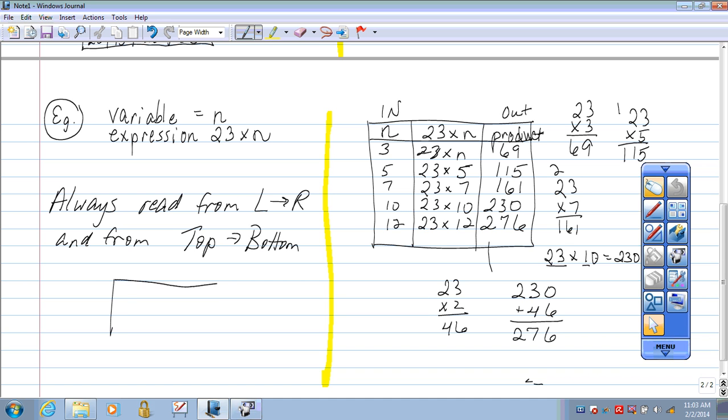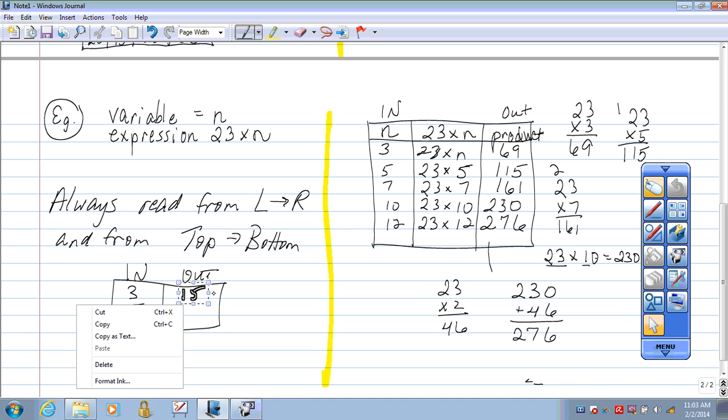For example, if you have an in and out box and it says 3 and 15, 5 and 25, 10 and 50, well, our pattern is multiply times 5. It works: 3 times 5, 5 times 5, 10 times 5. But I had to read from left to right, so our expression is going to be n times 5.